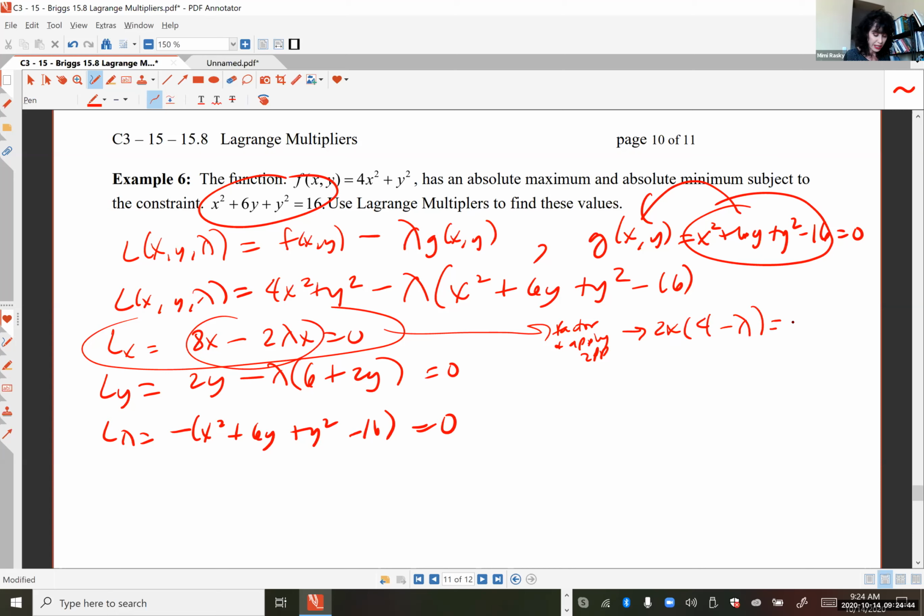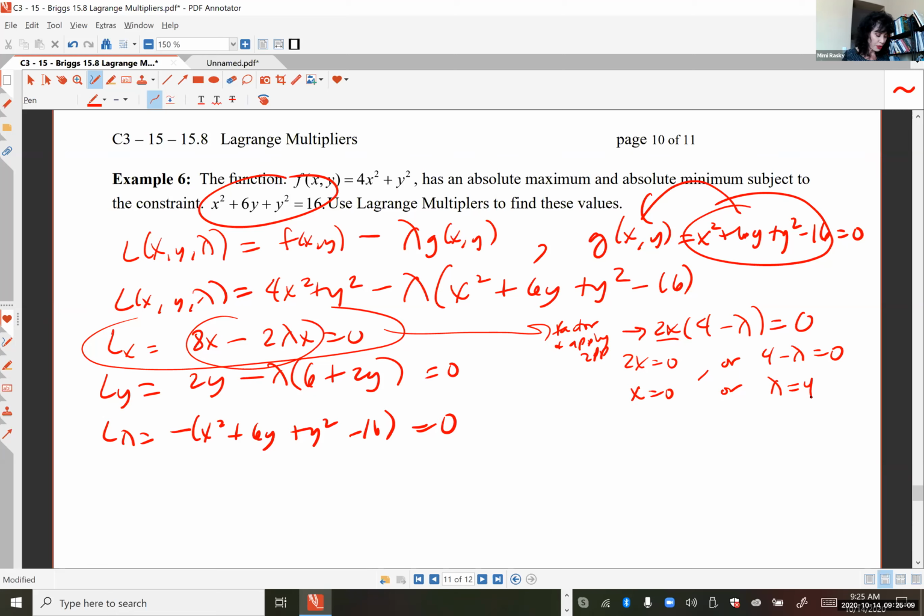And then when I factor out a 2x, the other factor is 4 minus lambda. Okay, fine. Then what? The ZPP says that if a product equals 0, the first factor equals 0, or the second factor has to equal 0, or they both do. So one of the possibilities I get is x is equal to 0, or lambda is equal to 4.